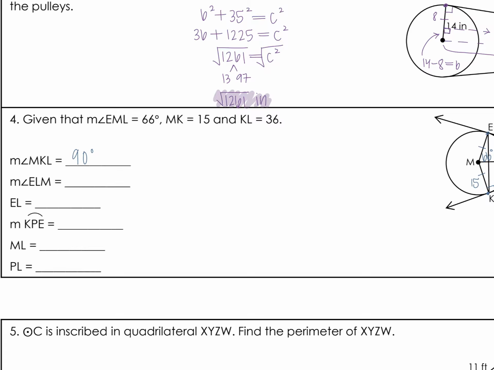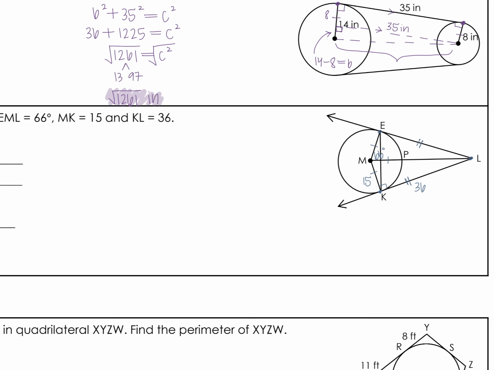Okay, then moving on, we have the measure of angle ELM. So starting at E, then going to L, then to M. This angle here we want to find. What I can do is focus in on the right triangle being formed.